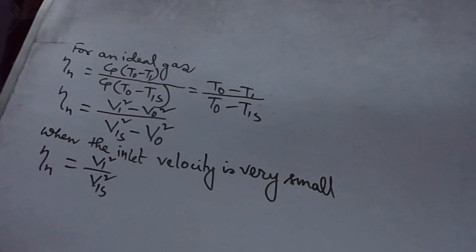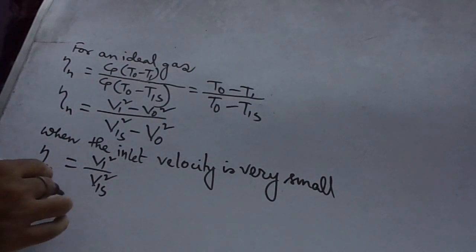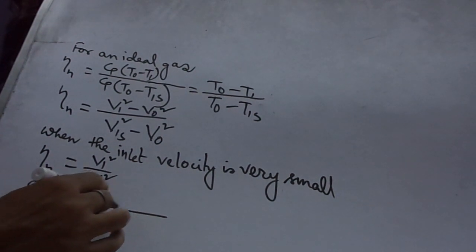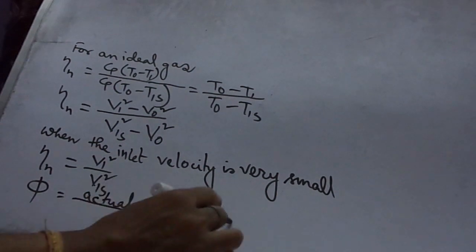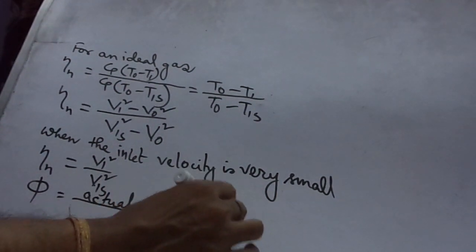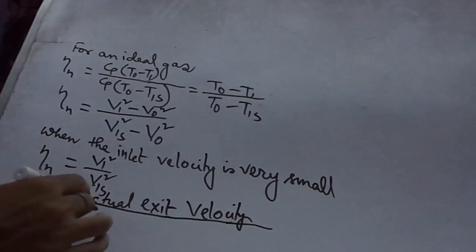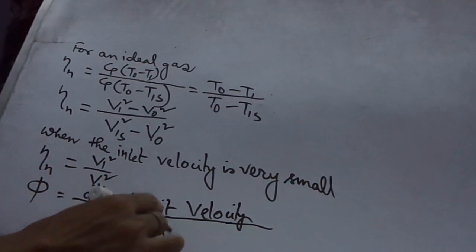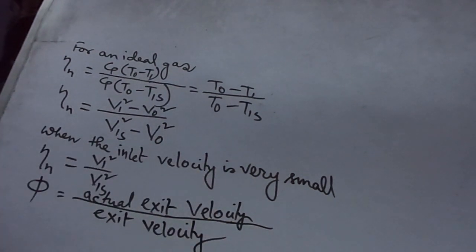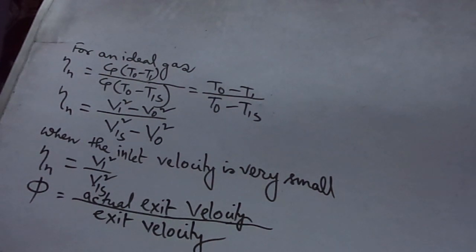Sometimes a velocity coefficient phi is defined as the ratio of actual exit velocity to the exit velocity when the flow is isentropic between the same pressures.